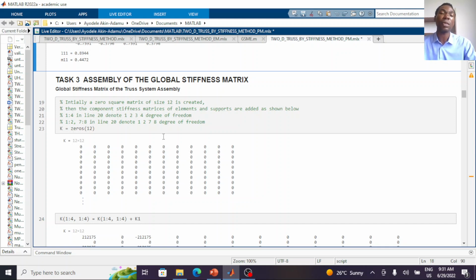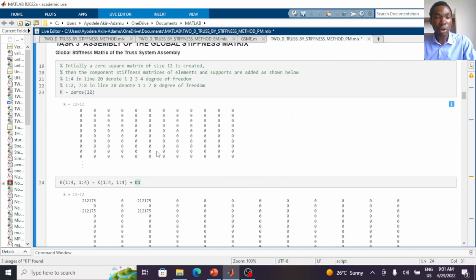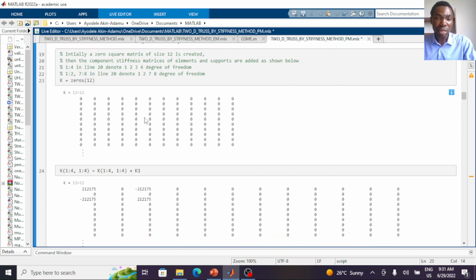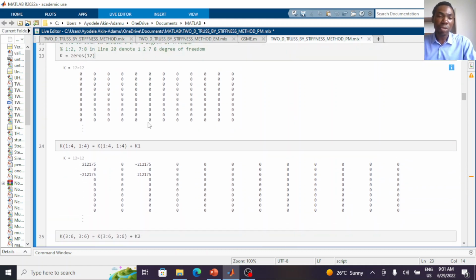So this Matlab line of code creates a 12 by 12 zero square matrix. I am storing that square matrix in a variable called K. So this K denotes my global stiffness matrix. This is my base matrix to which I will add my local stiffness matrices.